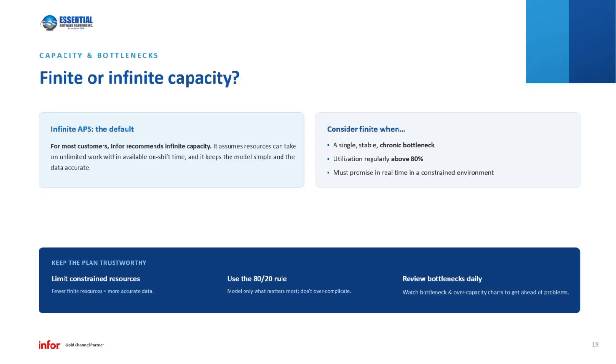And the reason for that, and any of you that worked with me on this topic before, the main reason for that is most companies actually have flexible capacity. So you may have a set number of people, or you may have a set number of machines that run through a critical business process.